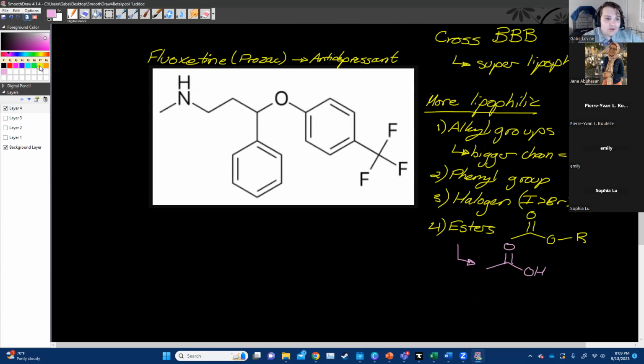So the ester has a good lipophilicity, but it's easy to convert it to the carboxylic acid, which is more polar. So in other words, we create drugs that have esters in order to get them into the body, expecting them to blow apart into a carboxylic acid later on. That's the purpose of an ester.